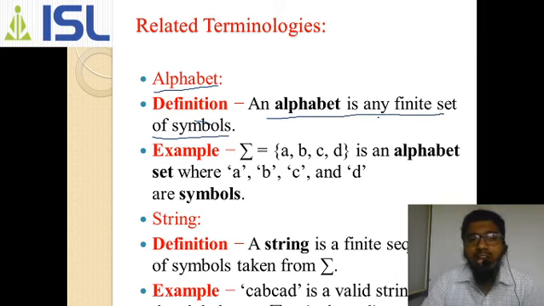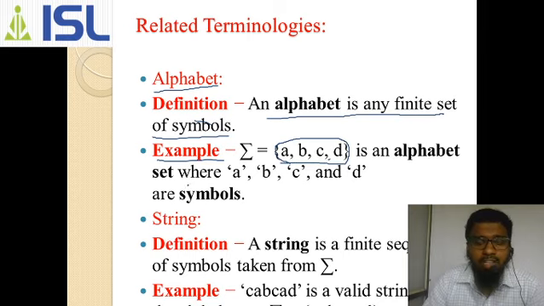Any set has a finite set of symbols, that is called an alphabet. Here the example is this. Example: sigma is equal to {a, b, c, d}. Four symbols are there, so sigma is an alphabet set where a, b, c, and d are symbols.